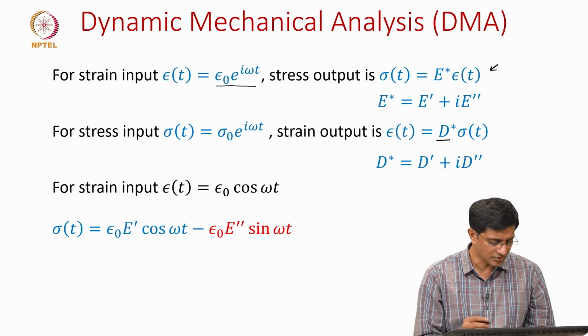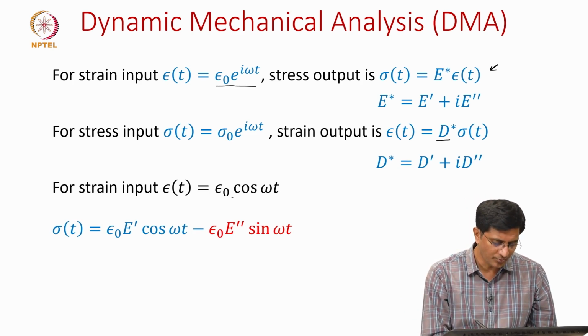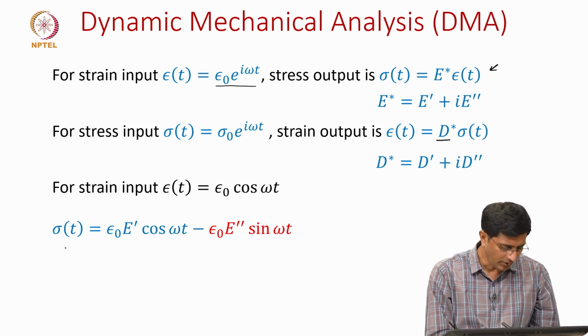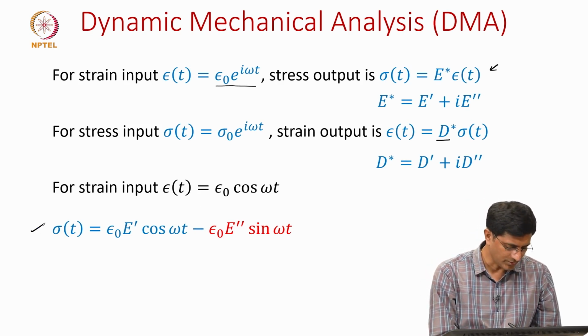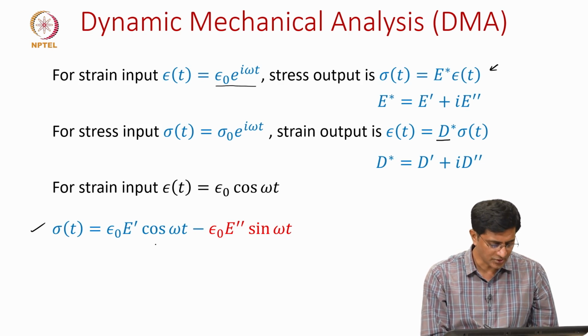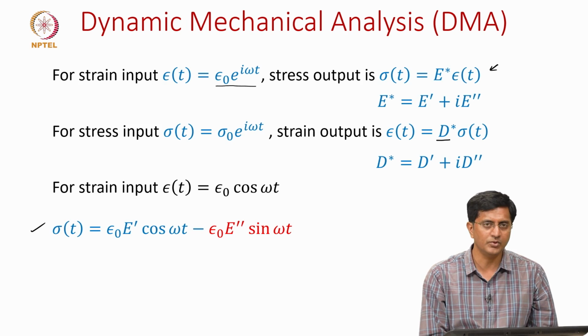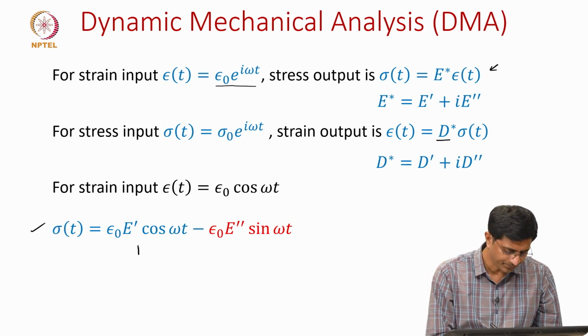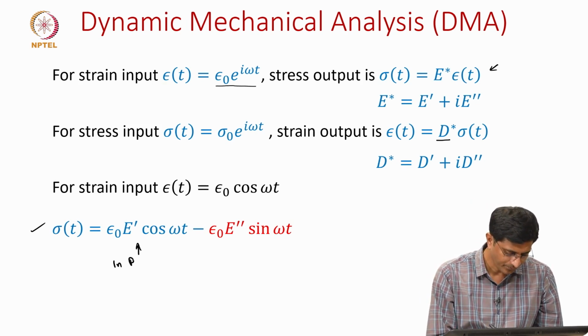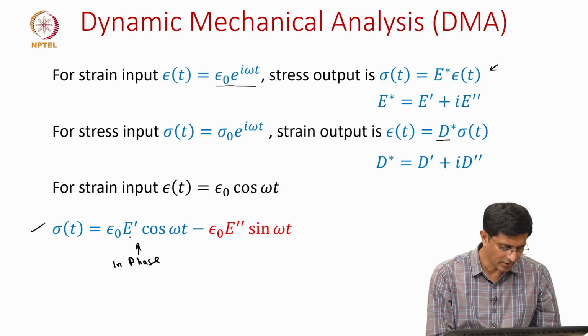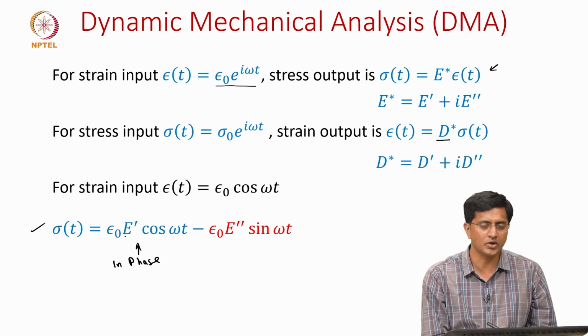Finally, we have also seen for a strain input written in cos form, we derived the stress response. We said it is composed of two terms. The first term is in phase with the input, because both the input and the output are cos, and the in phase term is governed by the storage modulus E dash.